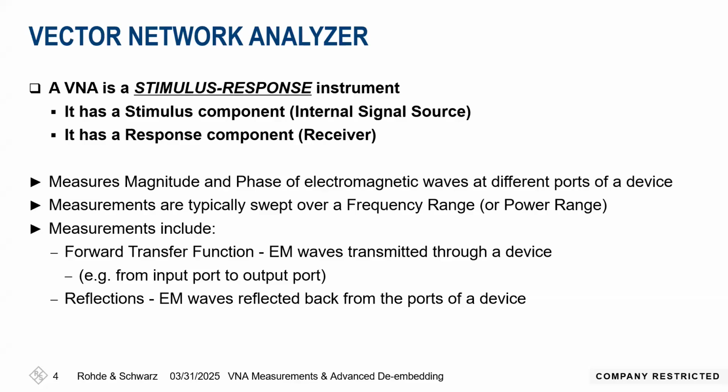So basically, the VNA generates a stimulus that is provided to the component or our device under test, and the same box measures the response of the device. In terms of measurements, it can measure the magnitude and phase of our devices. It typically gives you the forward transfer function of your components, and also it gives the information about the reflection coefficients.